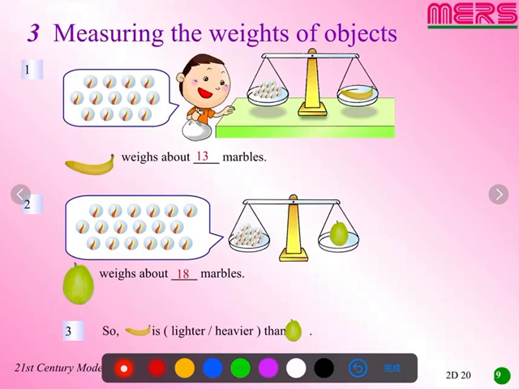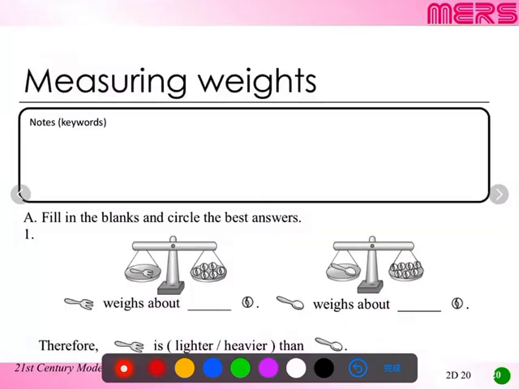So now you know that the weight of banana is about 13 marbles and the weight of pear is about 18 marbles. So can you tell me, is banana lighter or heavier than pear? It will be lighter. Yes. It is because 13 is smaller than 18, right?